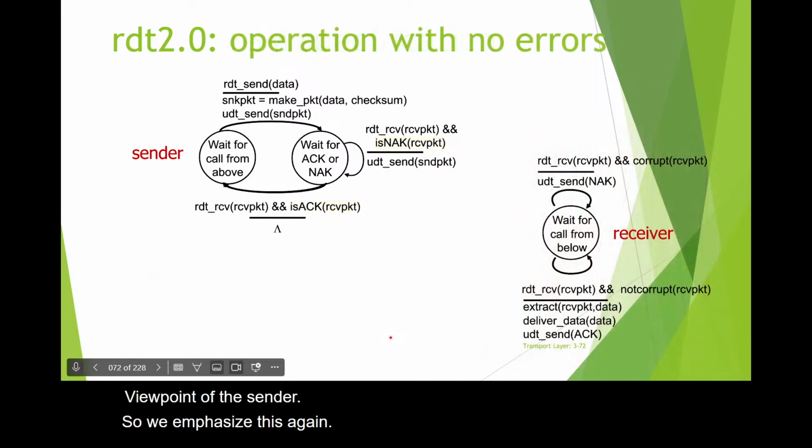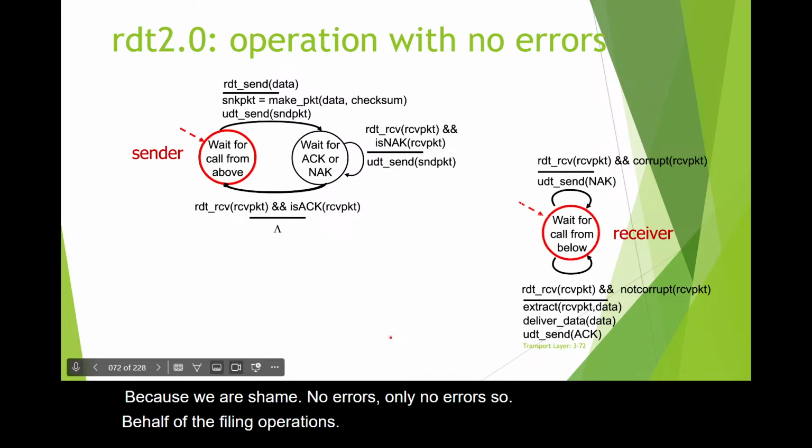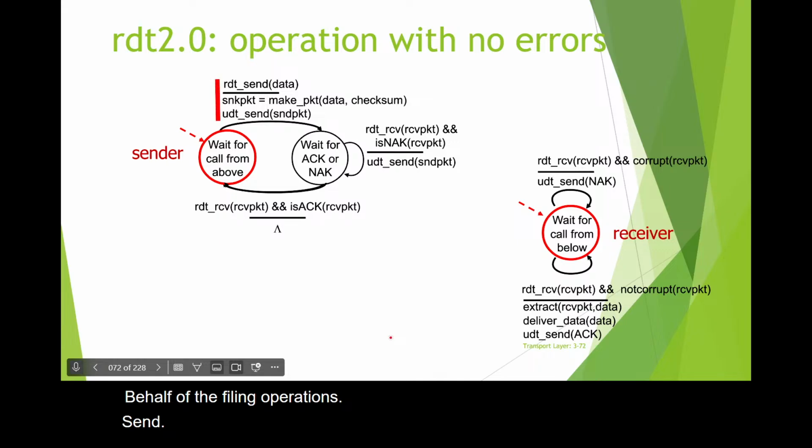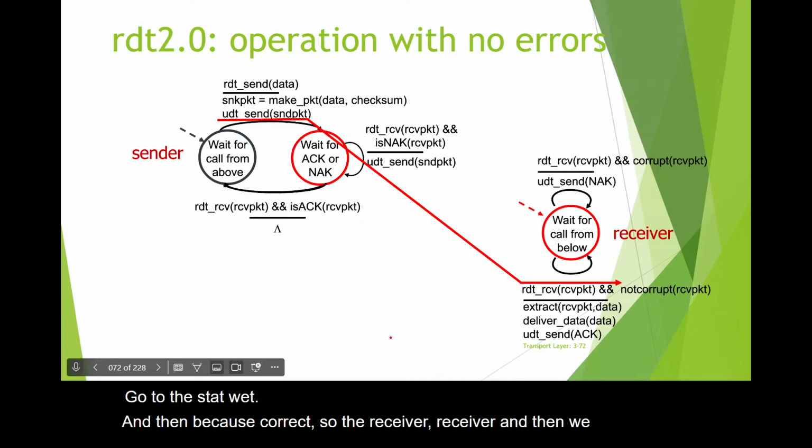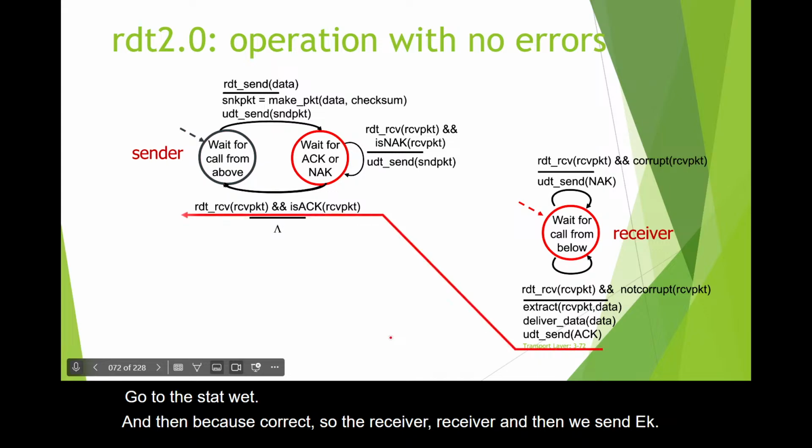Because we assume no errors, we have the following operations. Send, then go to the state, wait. And then because correct, so the receiver receive it, and then we send ACK. Well, this is first case.